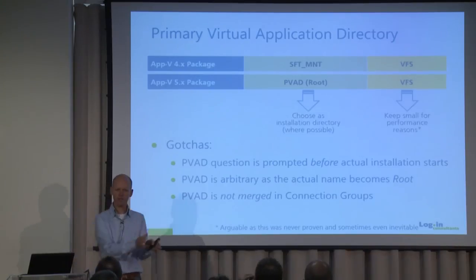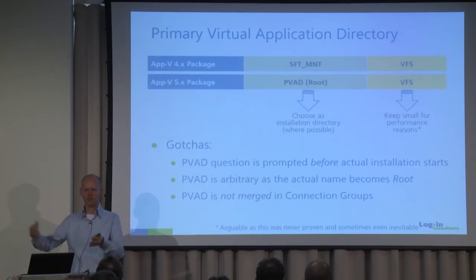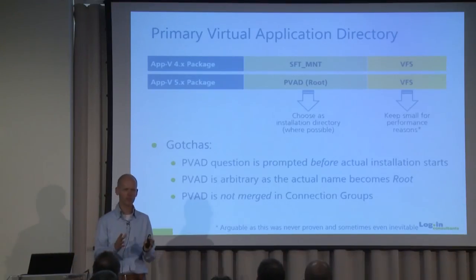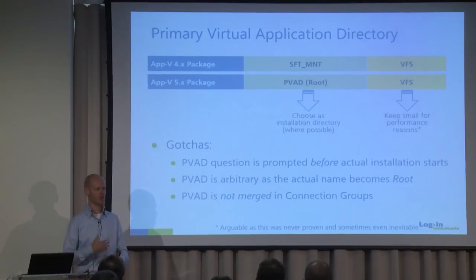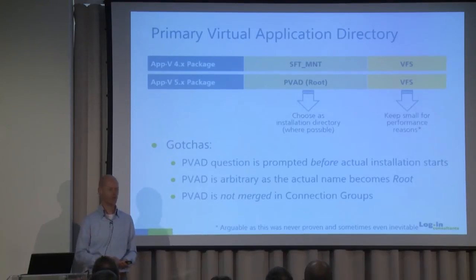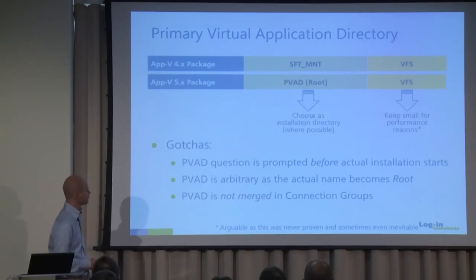So you now have an empty PVAD and a very big virtual file system, because everything outside the PVAD gets referenced to the file system. So it's prompted before the actual installation starts. Now, obviously, if you're a good sequencer, you do a test installation, so you know your application package. But we're under pressure, so sometimes we don't have time for those kind of things. Or we don't read manuals, we know this application, we just do it.